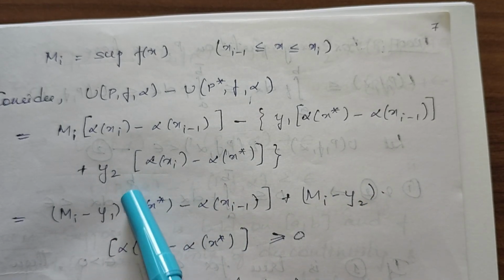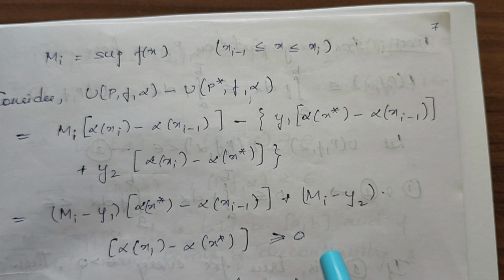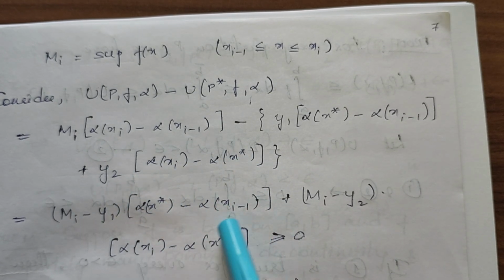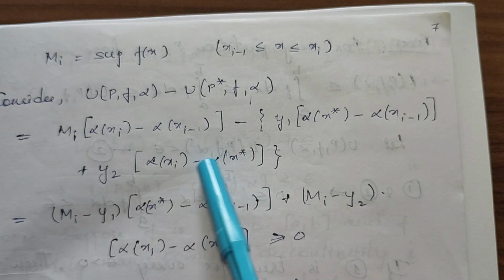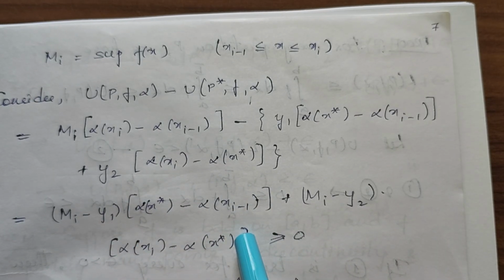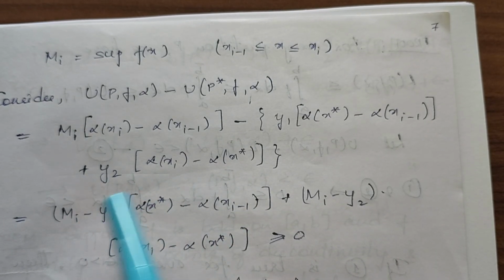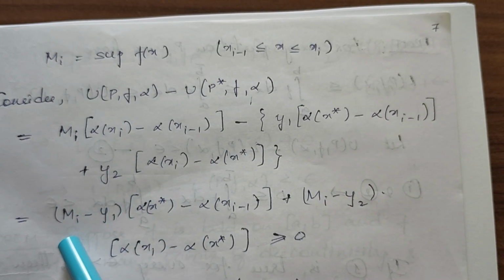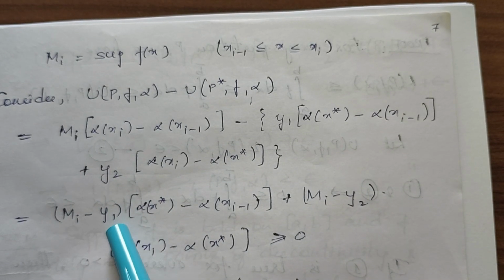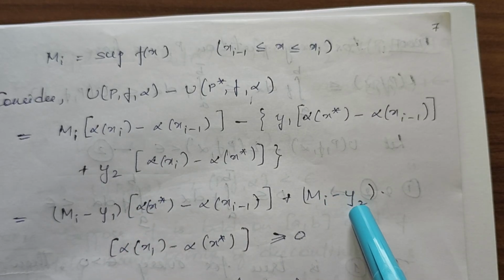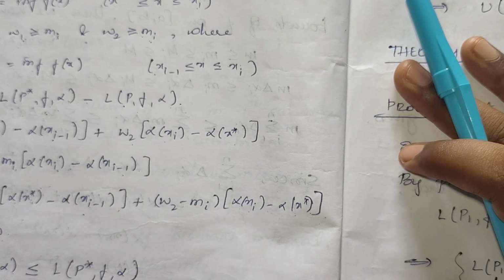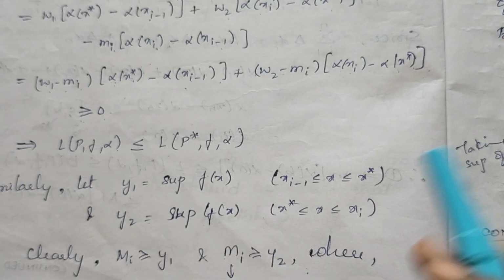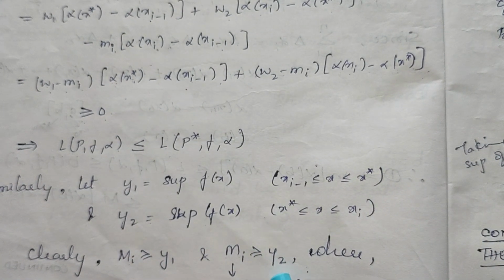And these terms are greater than or equal to 0. Why? Again because of the monotonically increasing property, this term and this term are greater than or equal to 0. And this is also greater than or equal to 0 because mi is greater than or equal to y1 as well as mi is greater than or equal to y2, because we have written that. Here we have mi greater than or equal to y1 and mi greater than or equal to y2.